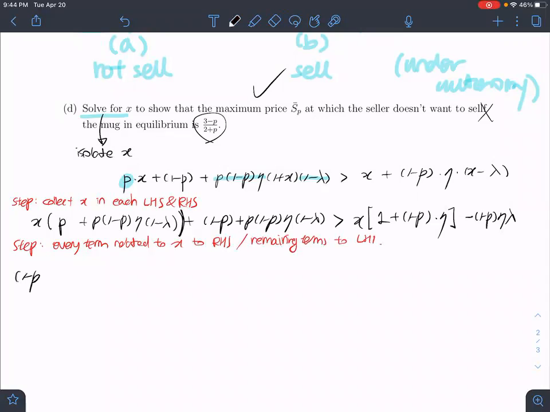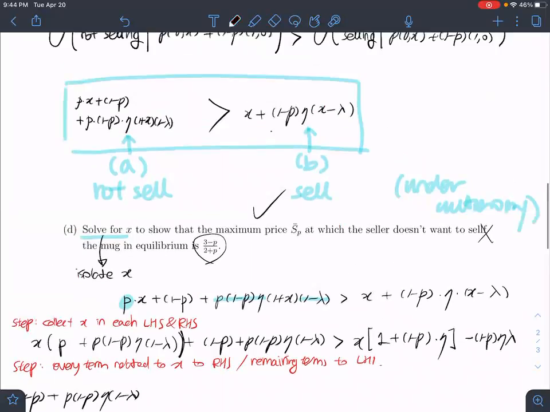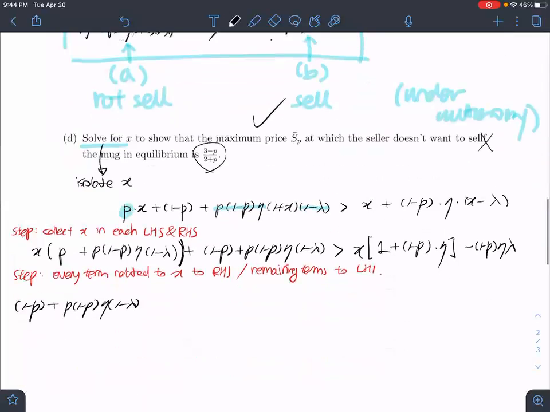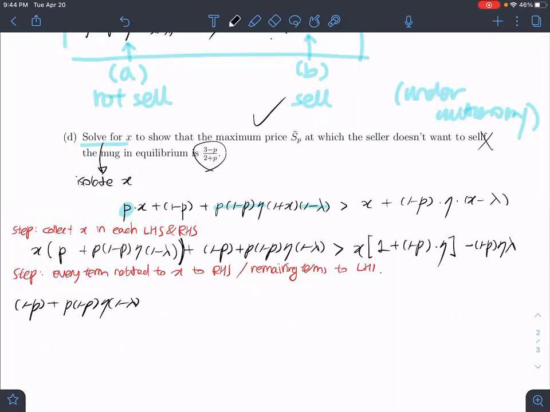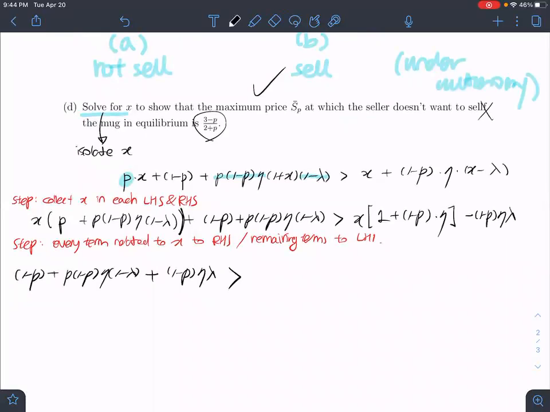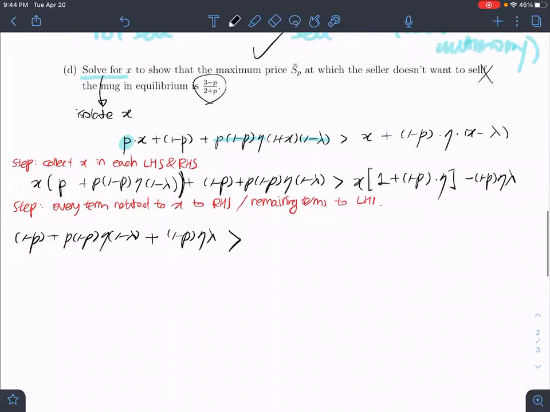So I'm going to do this. At the left-hand side, we have (1 minus p), (1 minus p) eta (1 minus lambda). And then plus (1 minus p) eta lambda is greater than x times (1 plus (1 minus p) eta minus p(1 minus p) eta (1 minus lambda)).